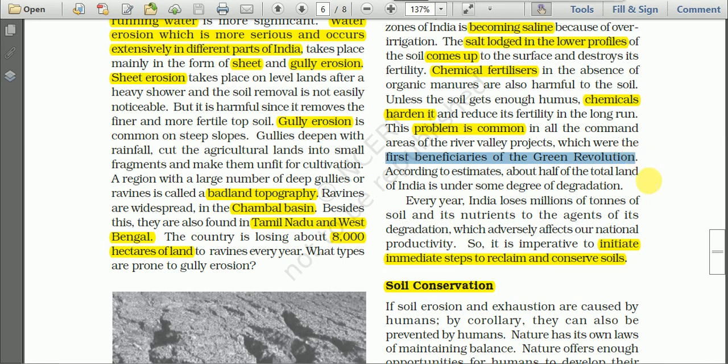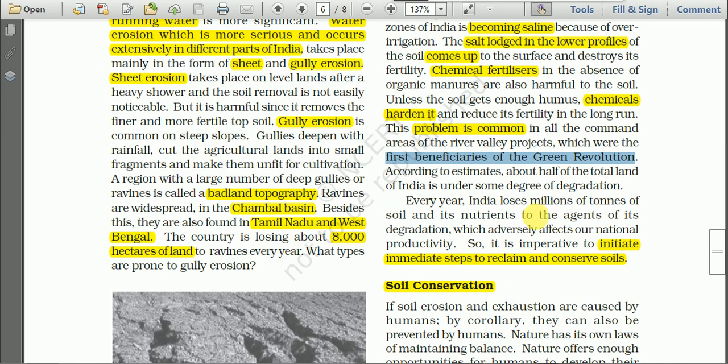In these areas the green revolution was started, and the green revolution uses a lot of chemical fertilizer, biochemical inputs and irrigation. So in such areas soil degradation has taken place.